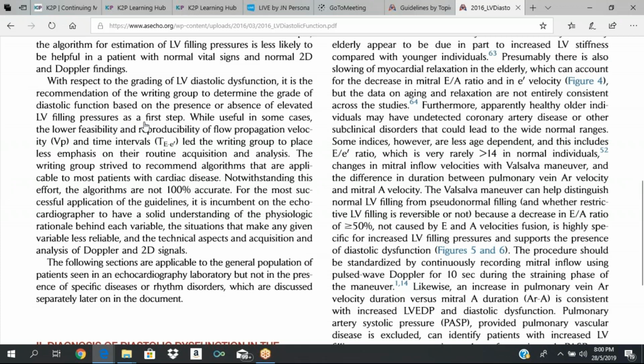Very mild diastolic dysfunction, the LV filling pressures, and when we say the LV filling pressures, when you have systolic heart failure, that is the contractility of the heart is depressed. Because the contractility of the heart is depressed, the pressure inside the left ventricle is going to increase.